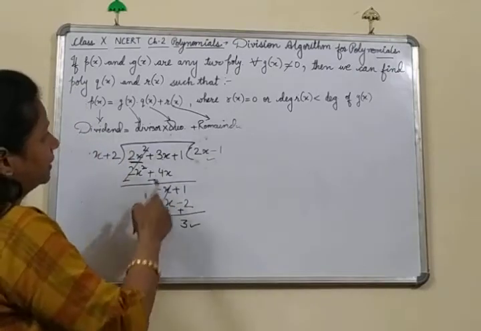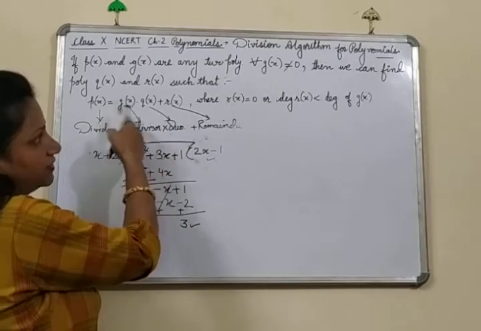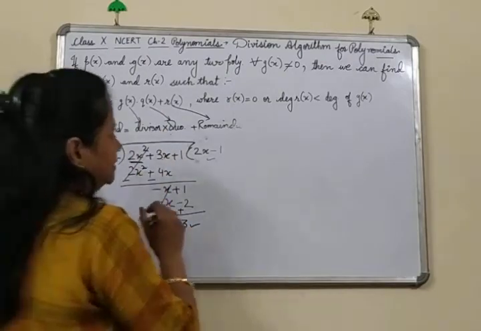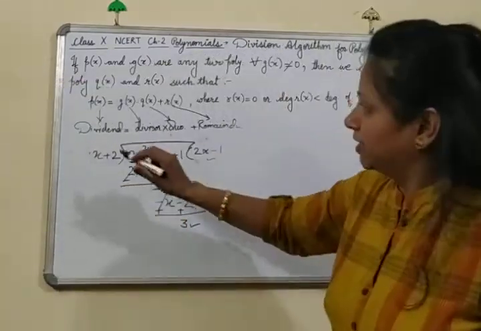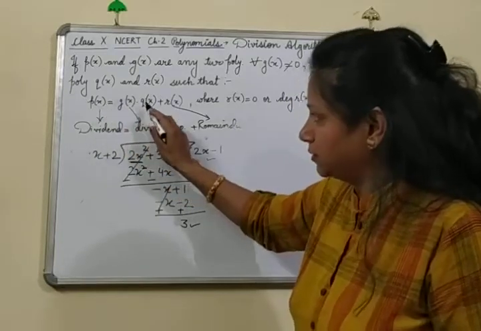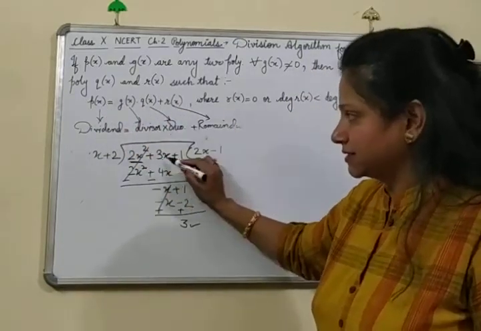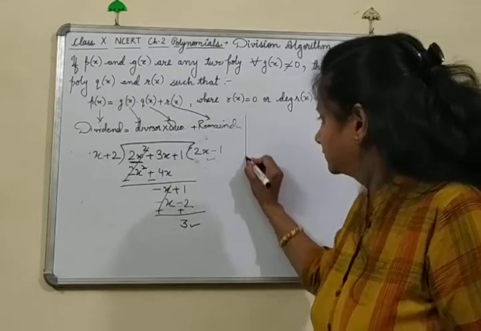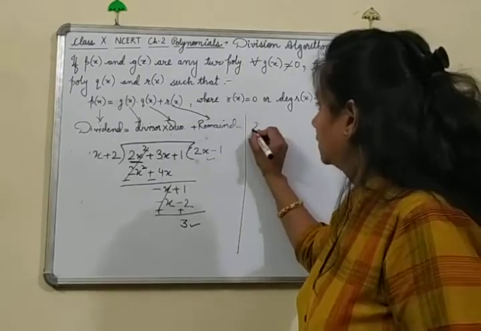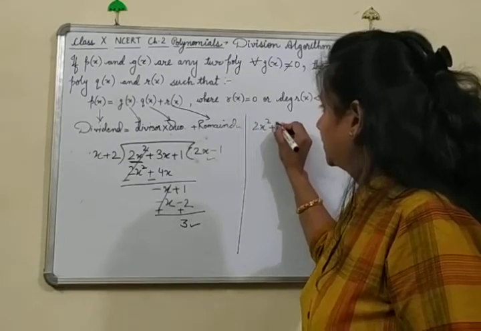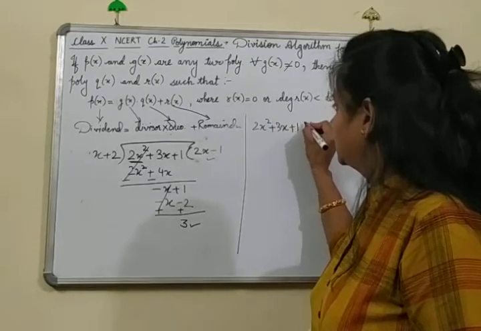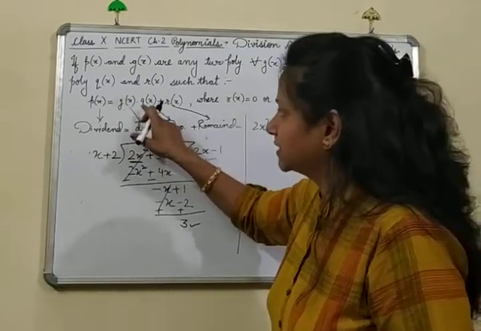Now let us apply the division algorithm and let us see whether it is applicable or not. We have p(x) is equal to g(x) into q(x) plus r(x). p(x) is this. That means we are having 2x square plus 3x plus 1. This is the p(x). Now, g(x) into q(x).